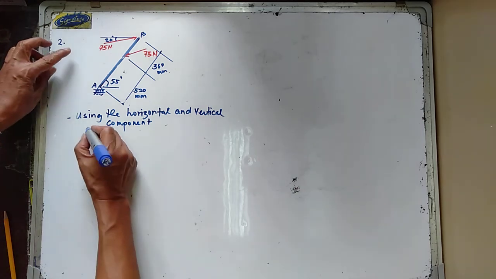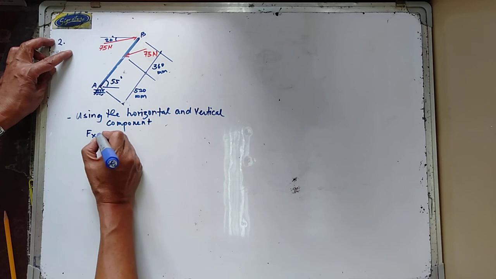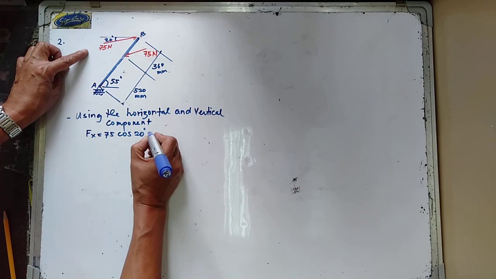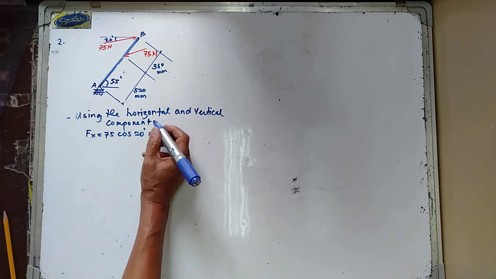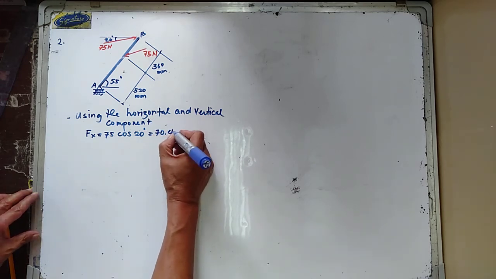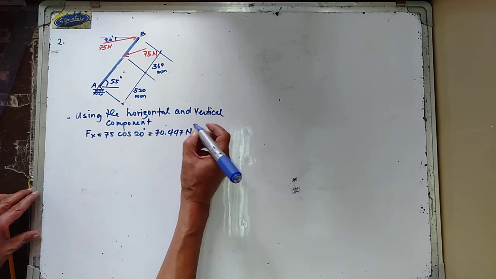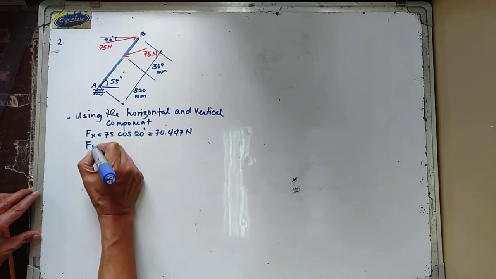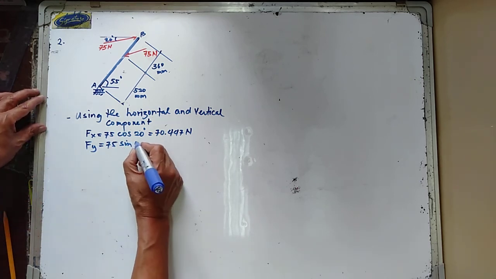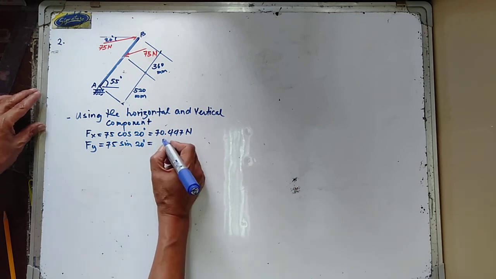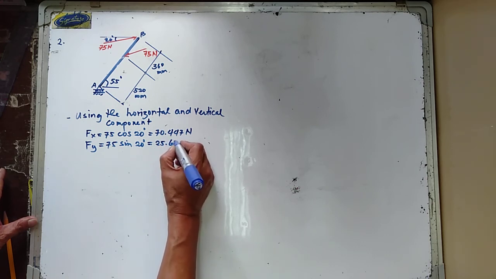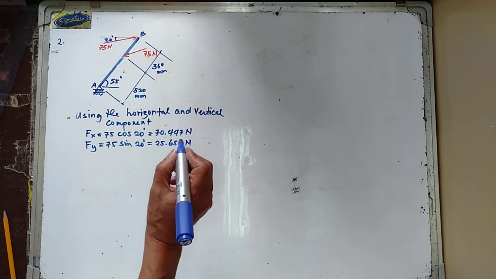So we have your Fx in here equal to 75 cosine of 20 degrees. So this is now equal to 70.447 newtons. Your Fy is equal to 75 sine of 20 degrees, and this is equal to 25.652 newtons.